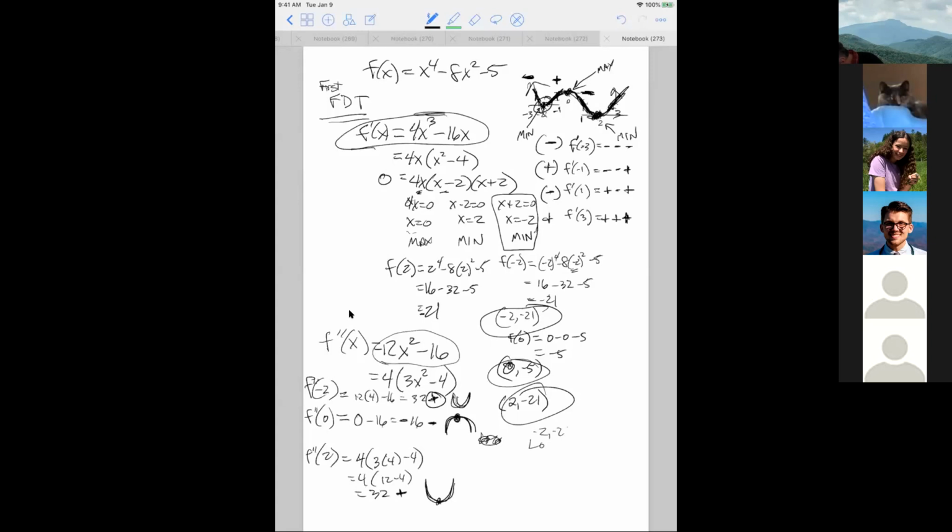So if you're asked, how do they ask it in this semester? The question says local max points and then local min points. So the local max, the only one that happens is at 0. So local max is at 0, -5.